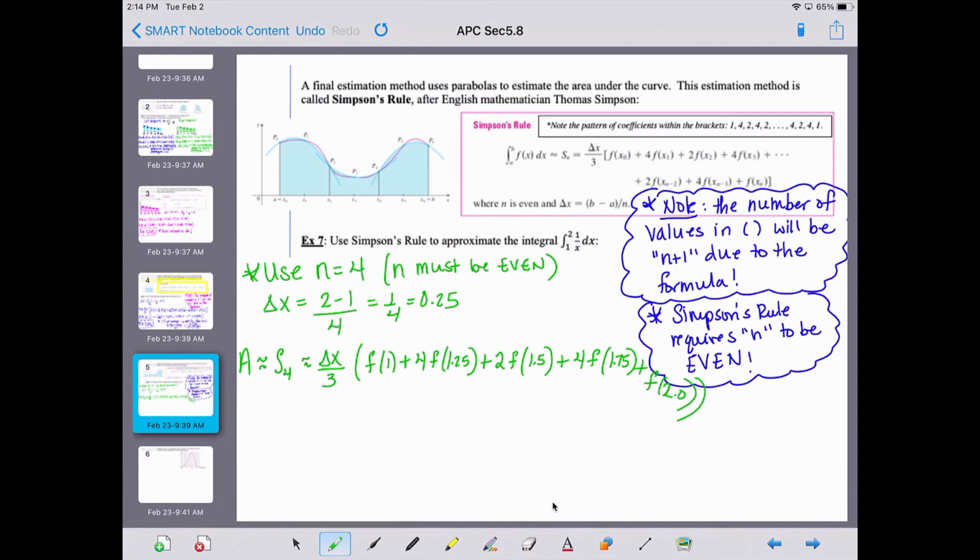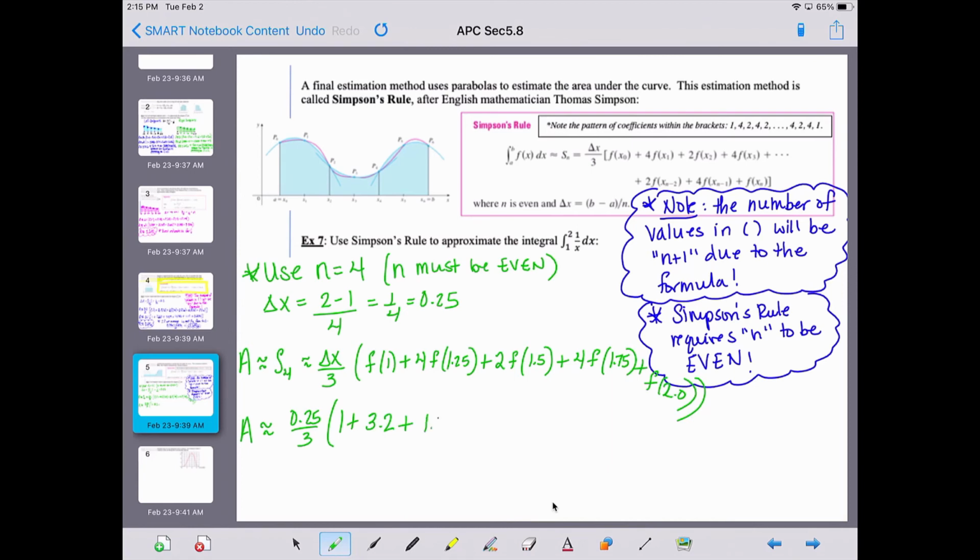So now we can go ahead and plug our values in. So our area is going to be approximately equal to our delta x, which is 0.25 divided by 3. And then f of 1 is 1. 4 times f of 1.25. So again, our function is 1 over x, right? So 1 divided by 1.25 times 4. Okay, so that gives us 3.2. So again, we're just doing f of 1.5 times 2.